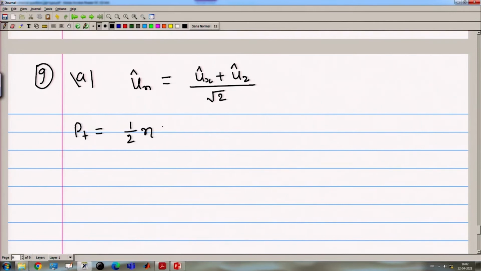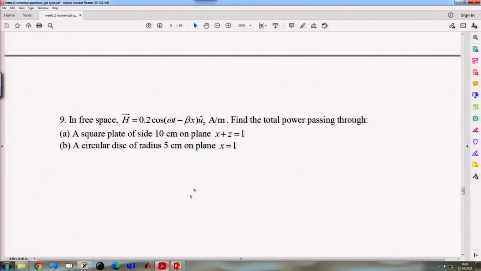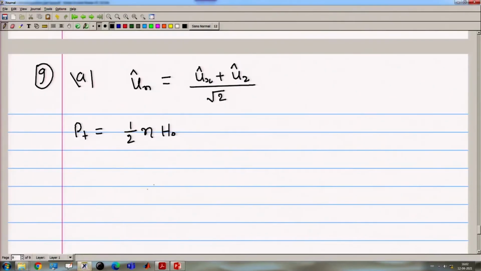Half eta. Here in the question it is written that it is free space, that is why we have taken eta naught, otherwise we would have to find eta, like in the previous problem where it was different.